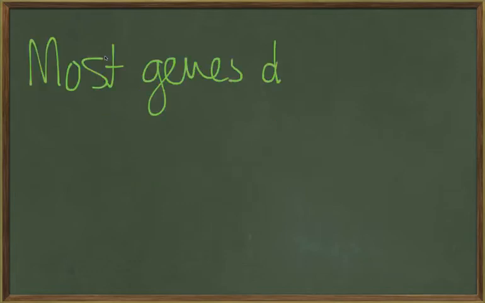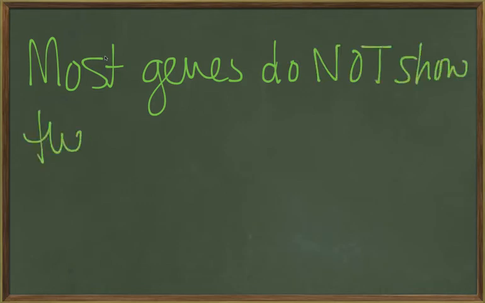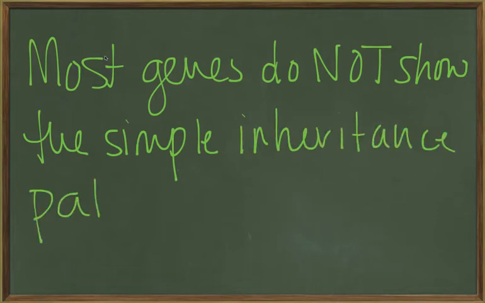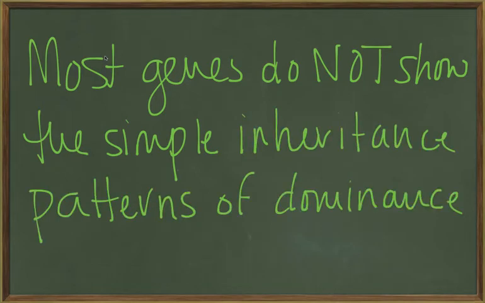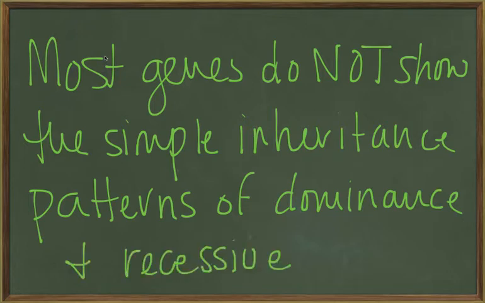Just to give you a little bit of background, most genes do not show the simple inheritance patterns of dominant and recessive. I've talked a lot about traits that are purely black and white. The hitchhiker's thumb is a good one.